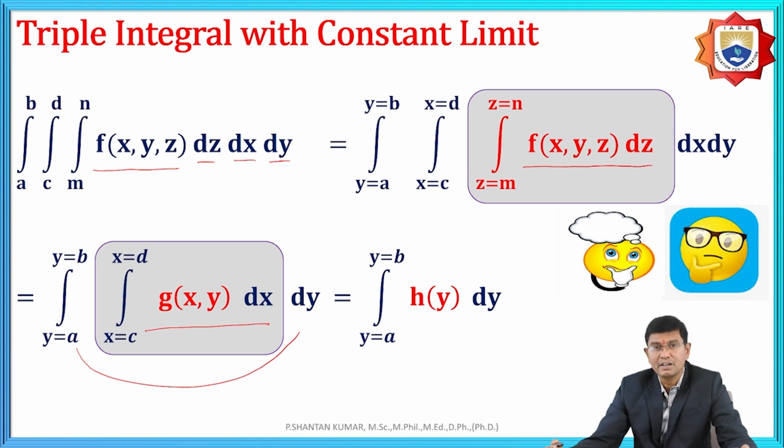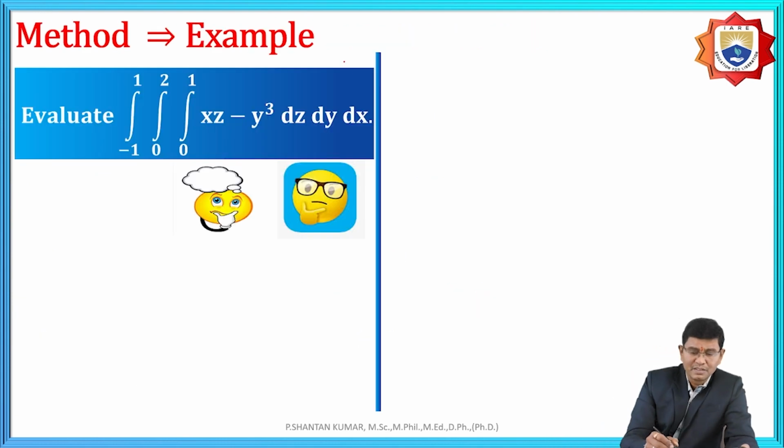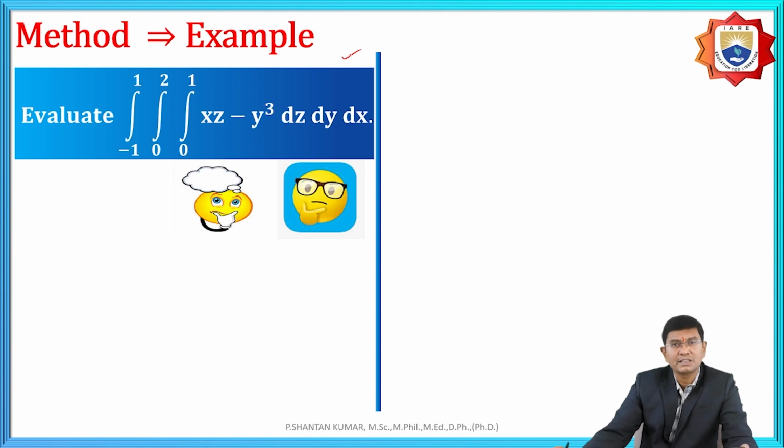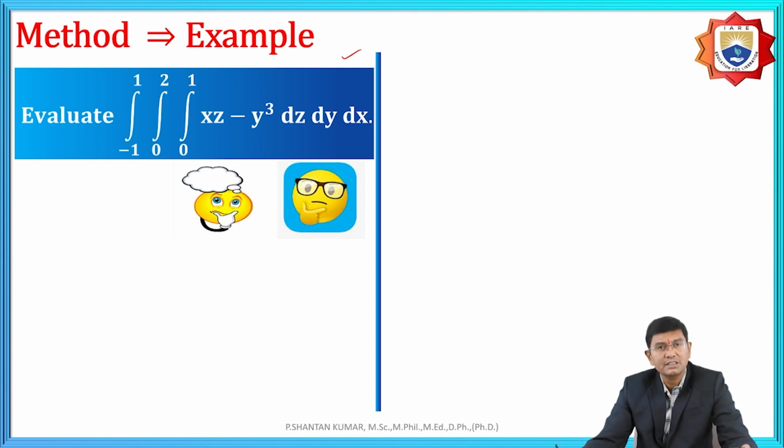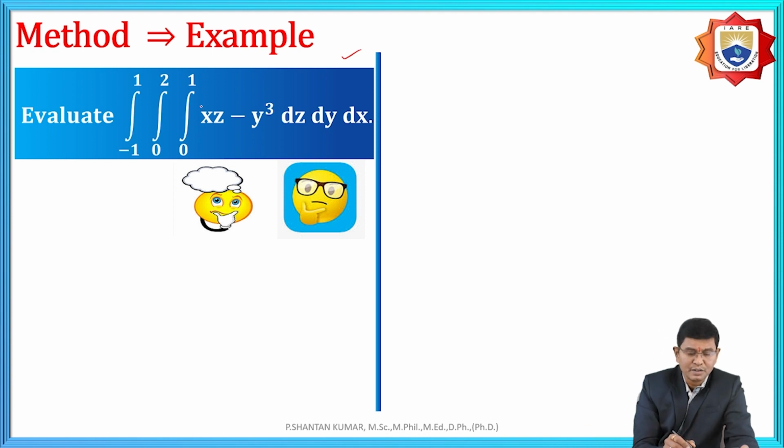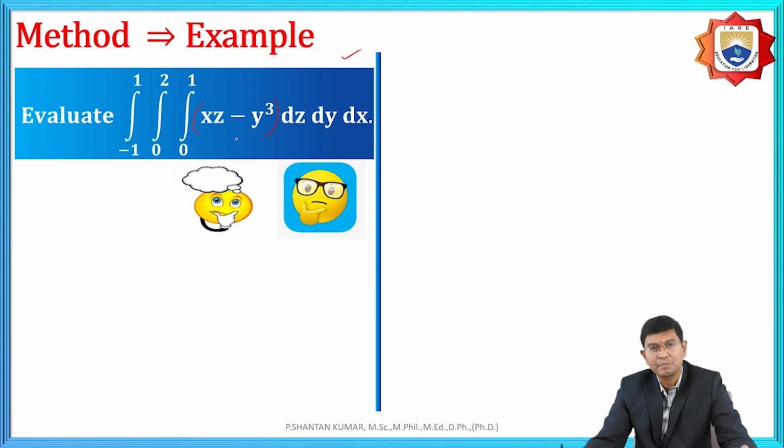That means, as the conclusion under the triple integrations, whenever the limits are constants, we need to follow the order from inner to outer depending upon the given variable. For example, integration from minus 1 to 1, integration from 0 to 2, integration from 0 to 1. Here the function is xz minus y cube, dz dy dx.